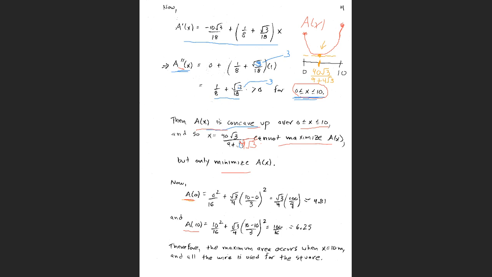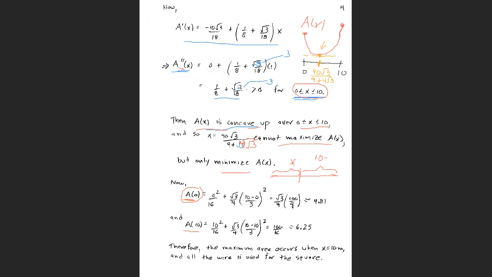A of 0, when x is 0, based on the picture, based on the wire, the first part was x, and then you make the cut, and then the second part here is 10 minus x.